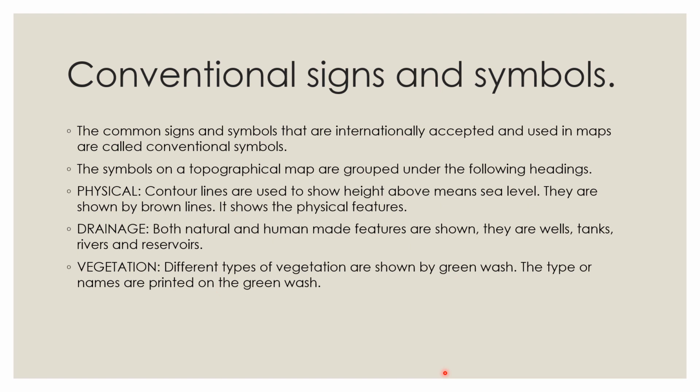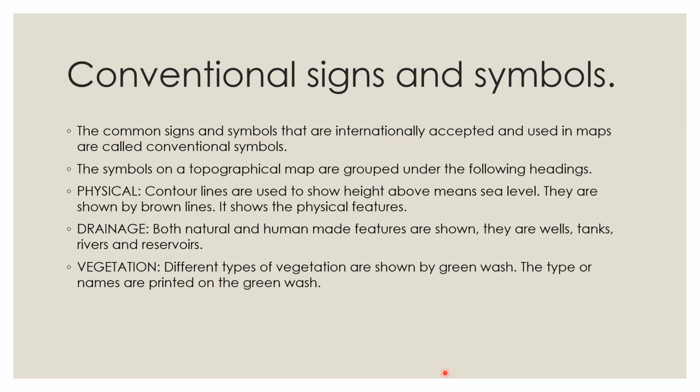Physical symbols are contour lines used to show height above mean sea level. They are shown by brown lines. It shows the physical feature. So the contour line is also a conventional sign or symbol, and contour lines show some physical features of the earth.